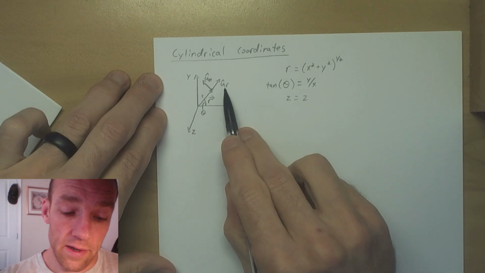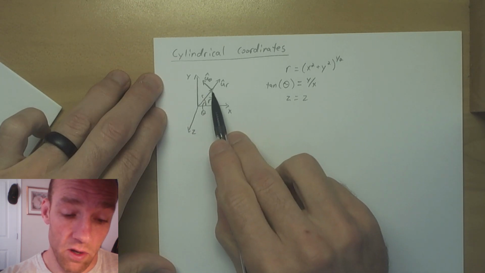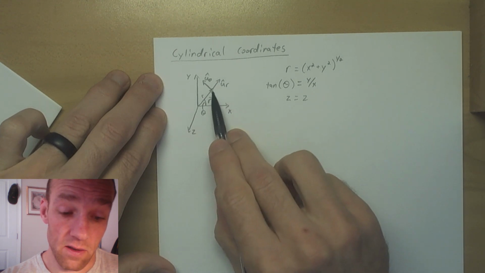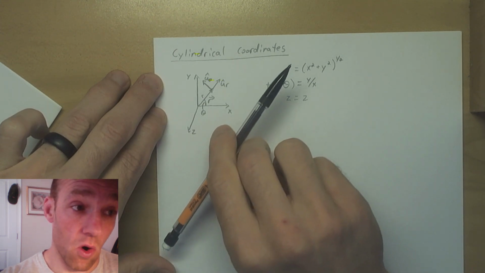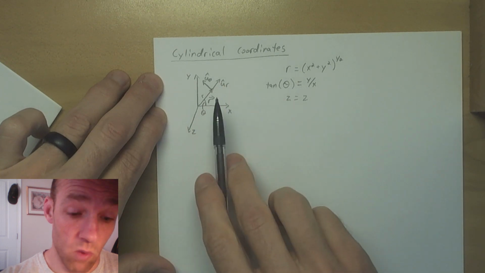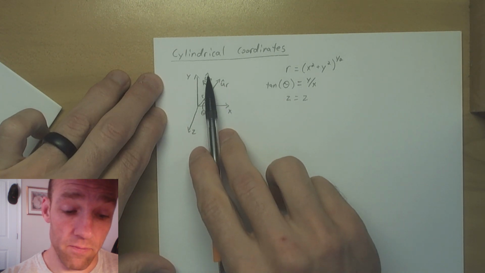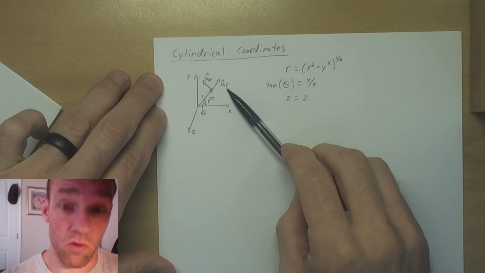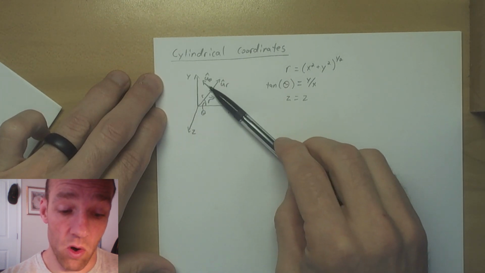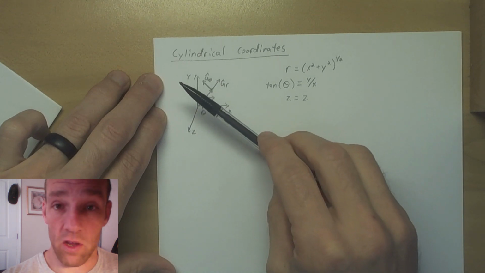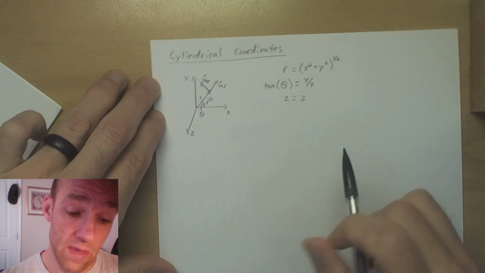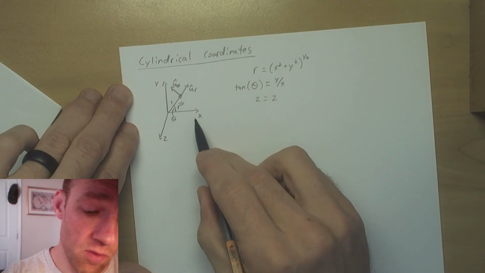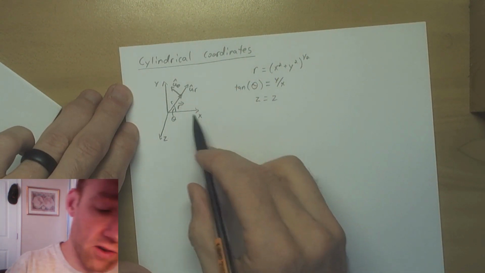U sub r is the basis vector that's projected along the r coordinate, as well as u sub theta, the unit vector u sub theta, which is orthogonal to u sub r, perpendicular to u sub r, and points in the direction of increasing theta. All right. So we can express these basis vectors in terms of the standard basis vectors i, j, and k.